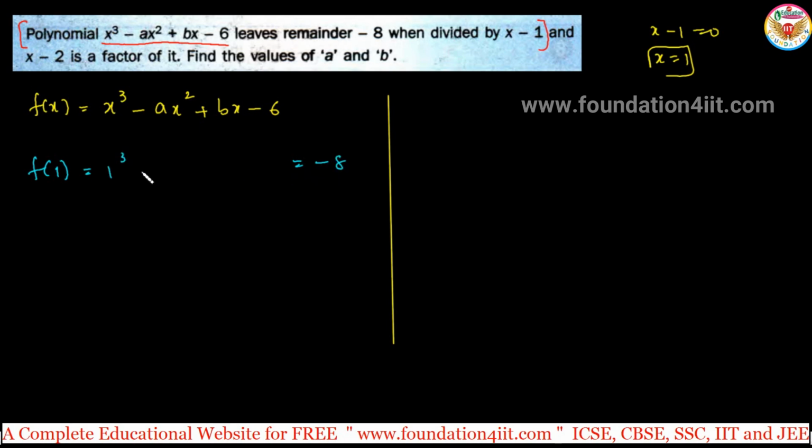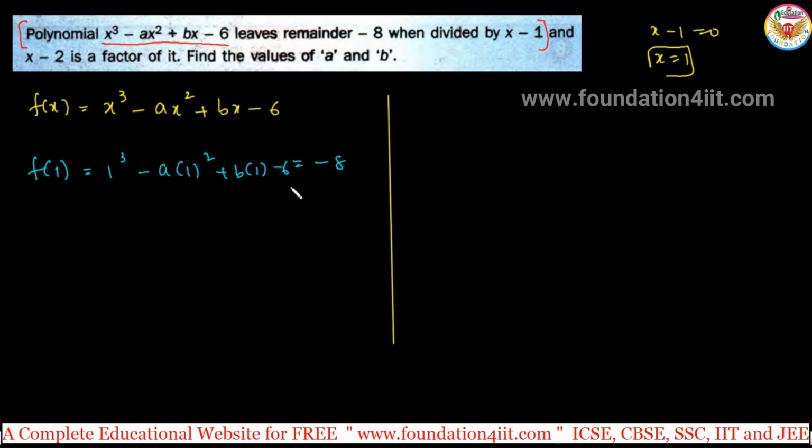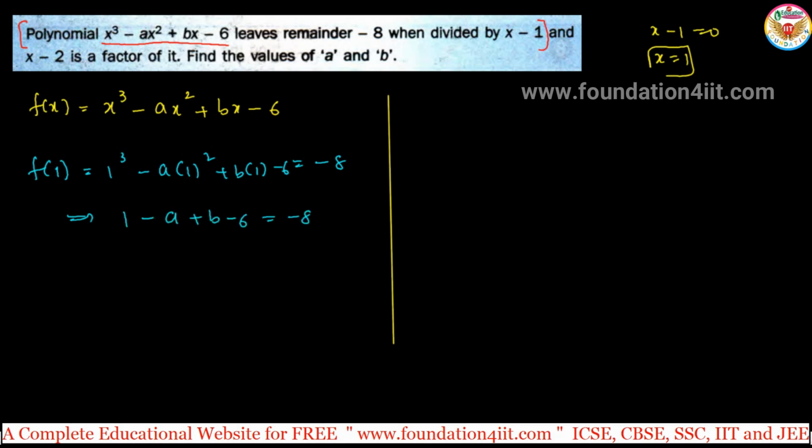So here it's 1 cube minus a into 1 square plus b into 1 minus 6. This value you can simplify now. So finally we'll get 1 cube is 1, minus a plus b minus 6 is equal to minus 8. Then minus a plus b is equal to 1 minus 6, minus 5, take to the right side, minus 3.